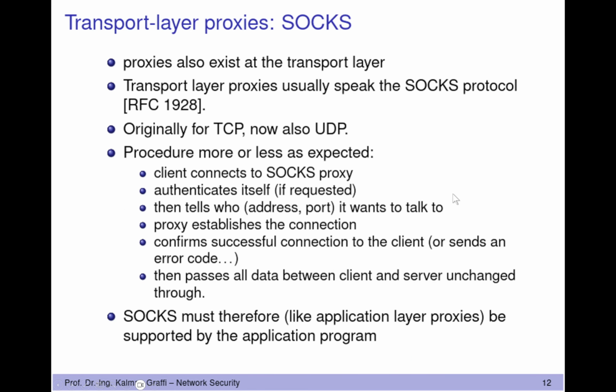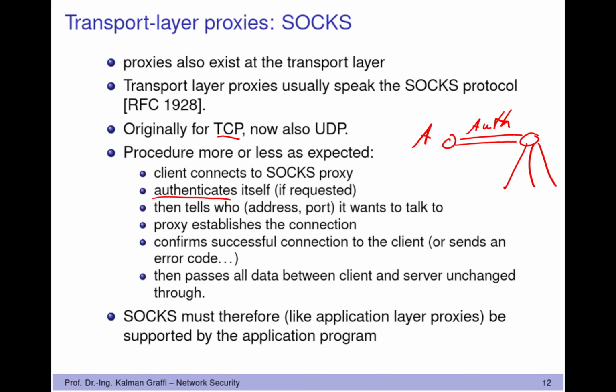Okay, what we also have is SOCKS proxies. That means for the transport layer, typically for TCP, because there's more complexity in it, and it's for some kind of authentication that is introduced. So between two machines, you basically establish some kind of permanent SOCKS proxy connection, so that you are authenticated, you are participant A, and if they see you are really that participant, then you are allowed to connect to some further extended services.